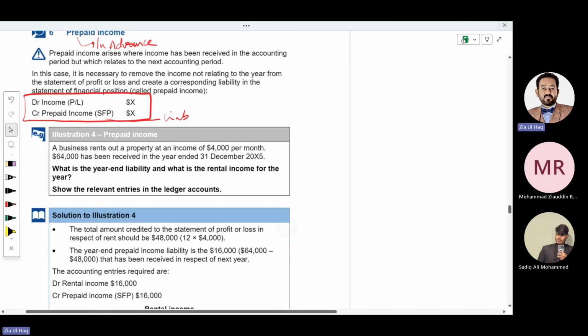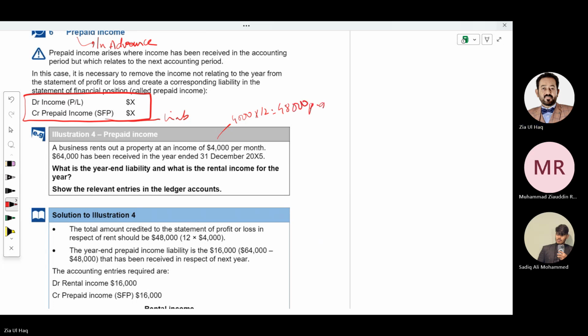So a business rents out a property at an income of 4,000 per month. If 4,000 per month, this means for the year 4,000 into 12 will be 48,000 per annum. 64,000 has been received in the year to 31st December 20x5. Your rent income for the year is 48,000, but you have received 64,000.